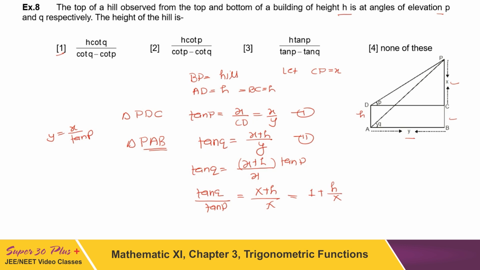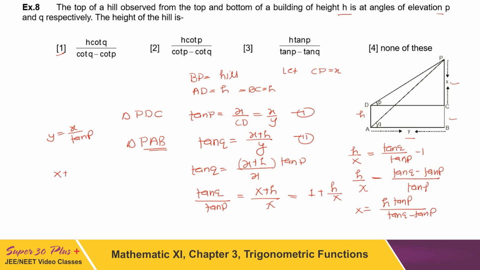Now further transferring the 1, we can find that h upon x is equal to tan q upon tan p minus 1. Now simplify it, it is tan q minus tan p whole upon tan p. Now x is equal to h tan p upon tan q minus tan p. What is the value of x plus h?